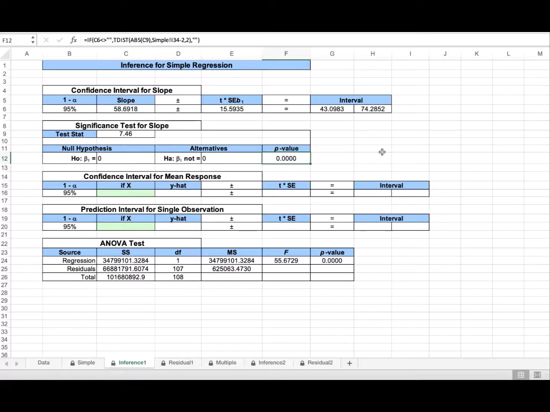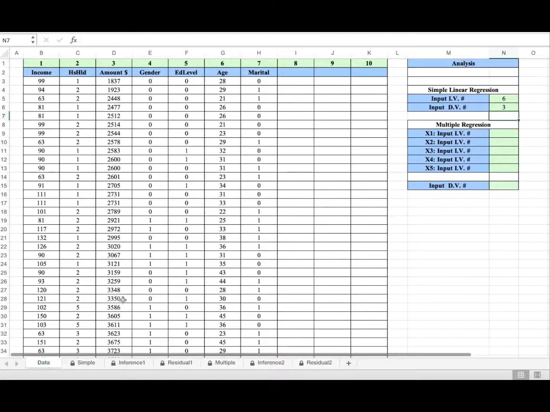The probability of getting that much slope at random, if we assume as a null hypothesis 0 slope, is very close to 0. So there's virtually no chance that the true population slope is 0 given a sample slope of $58.69.